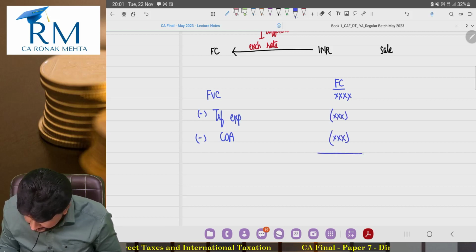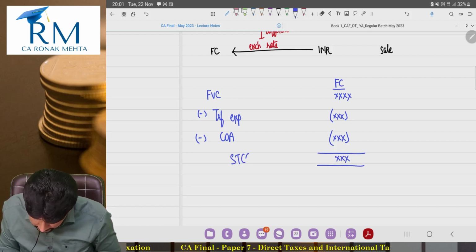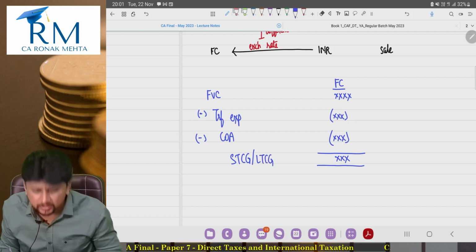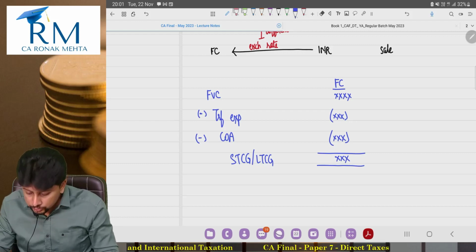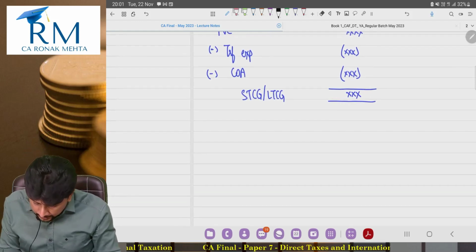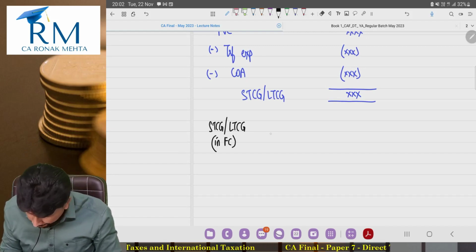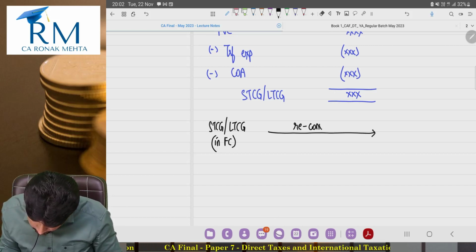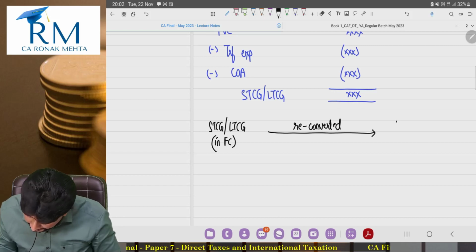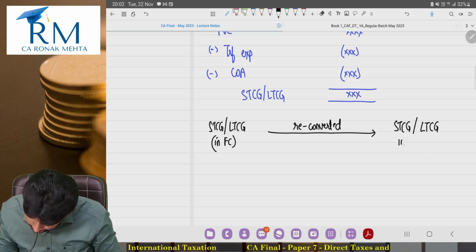Now, obviously it means your short-term capital gain or long-term capital gain, depending on the holding period, is also in foreign currency only, na? So this short-term capital gain or long-term capital gain which is in foreign currency will be reconverted back into Indian currency.